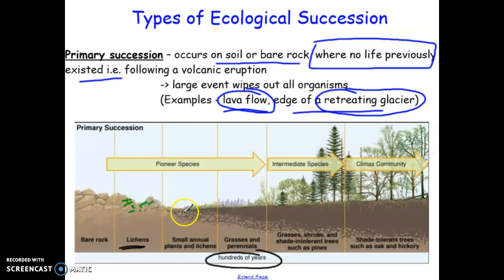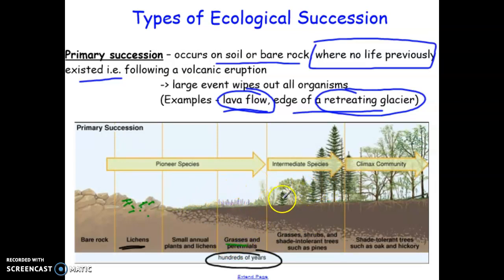Over time, the producers begin to grow, and when these producers die, there's going to be decomposition, and you're going to have bacteria that will begin the decomposition process. Then you'll have smaller plants coming in. So obviously moss, then you have smaller plants, then a little bit larger plants, maybe some grass now.